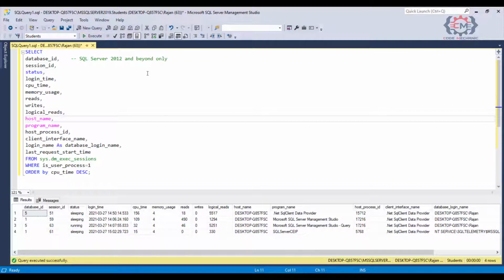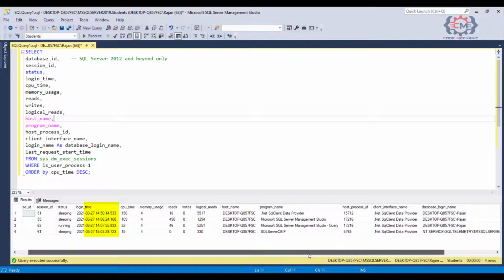So we get back some information like the session ID and the database that the session is currently connected to. We also get a status if this session is doing anything at the moment, either running or sleeping. And we also get when the session was initiated. Then we get some performance stats about each session.